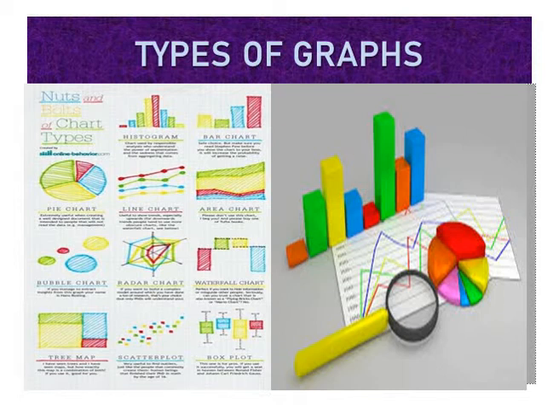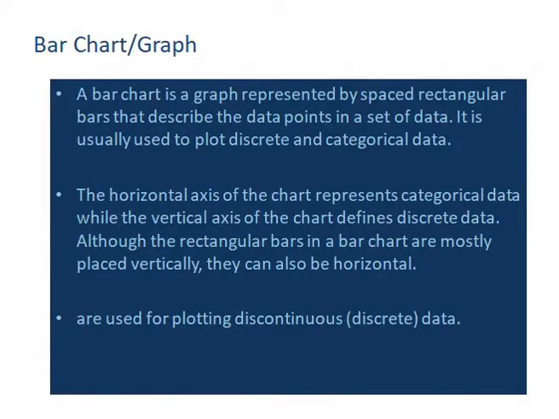We can call this type of graph a bar chart, bar graph or bar diagram. So what do we mean by bar chart or bar graph? A bar chart is a graphical representation which shows data in rectangular bars.